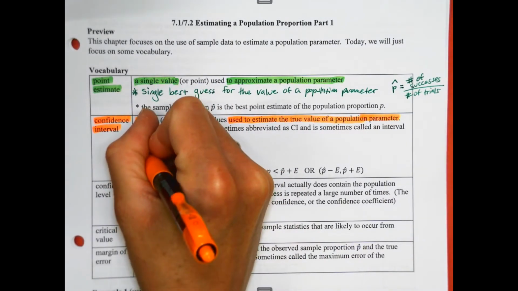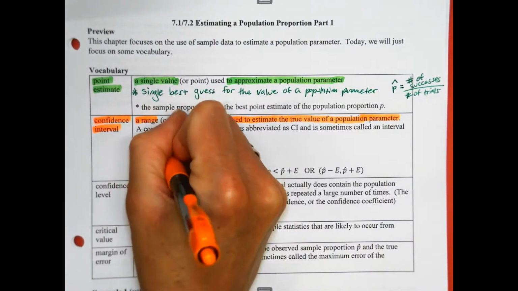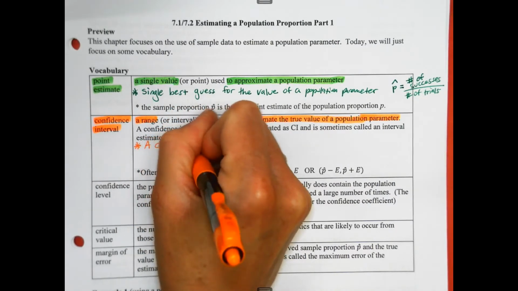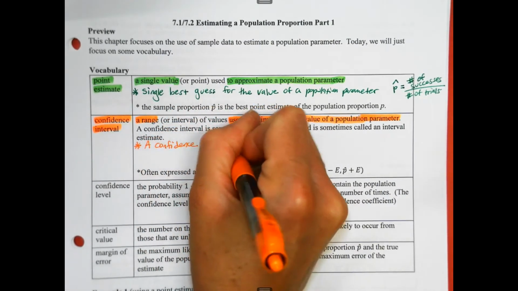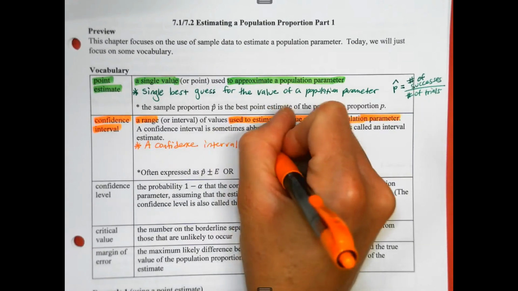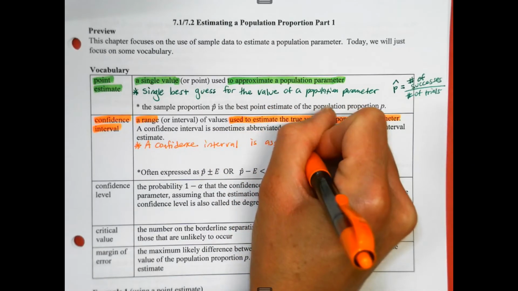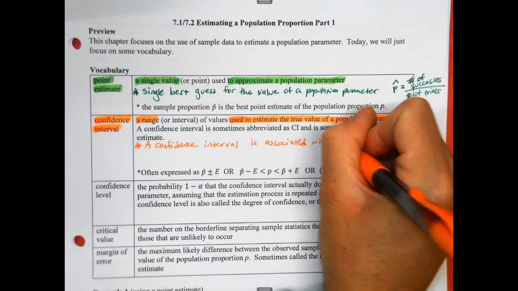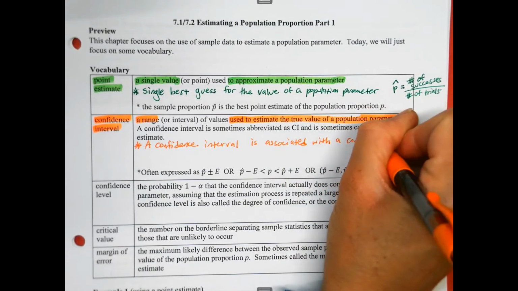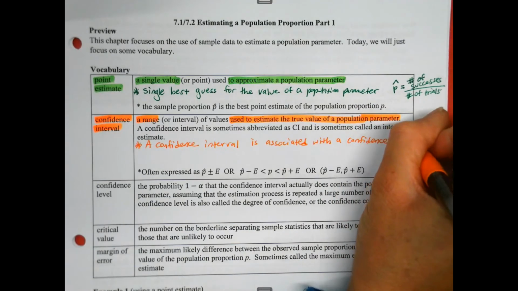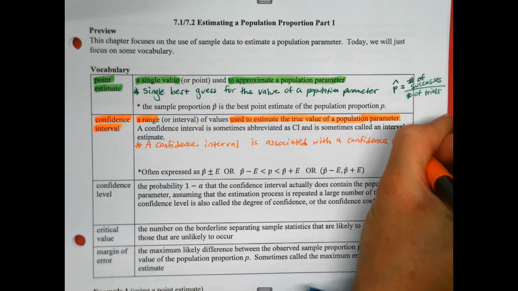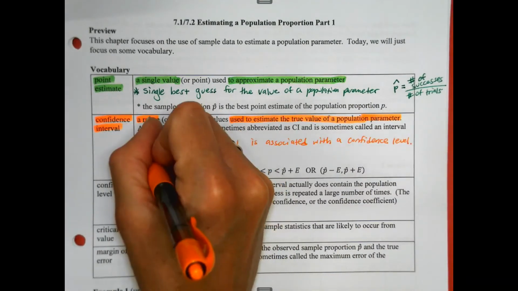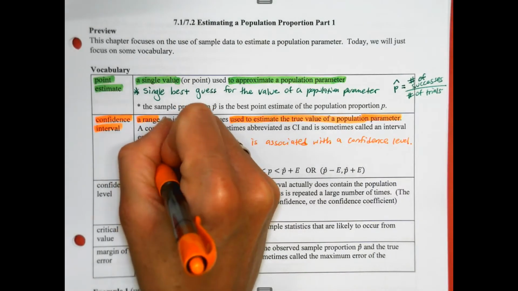A little note about it, a confidence interval is associated with a confidence level. The confidence level gives us the success rate of the procedure.